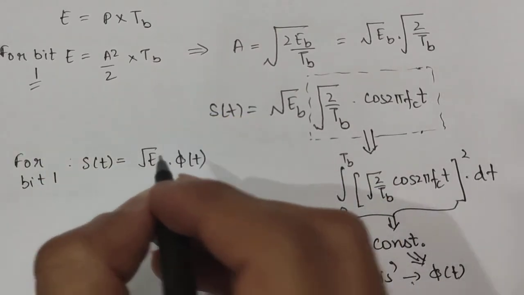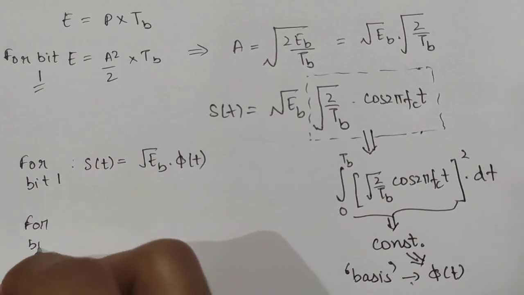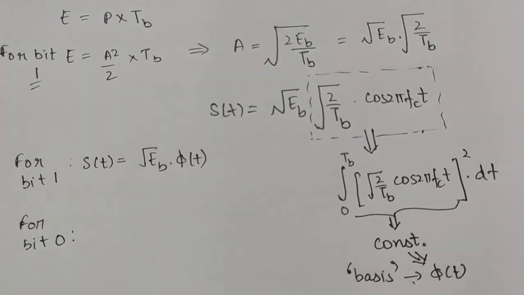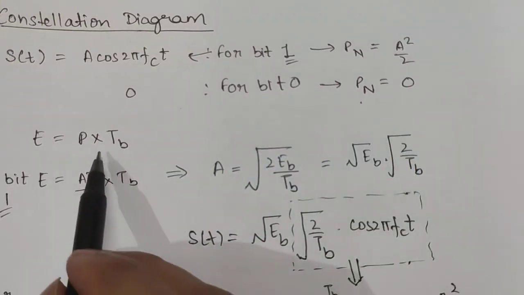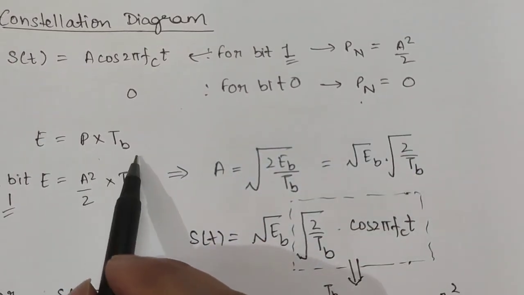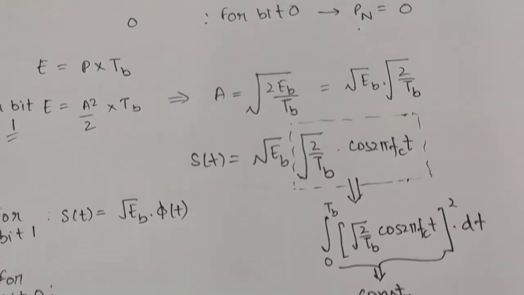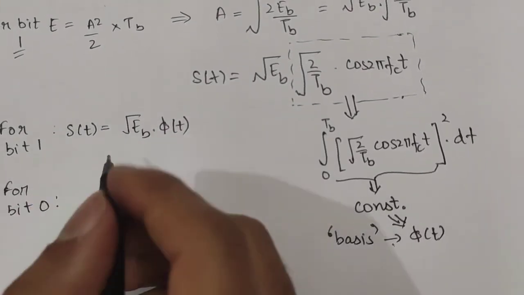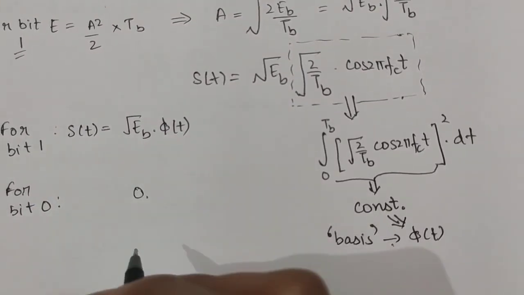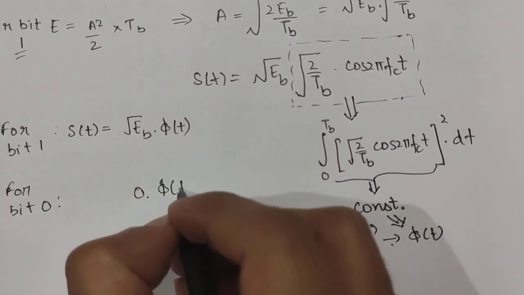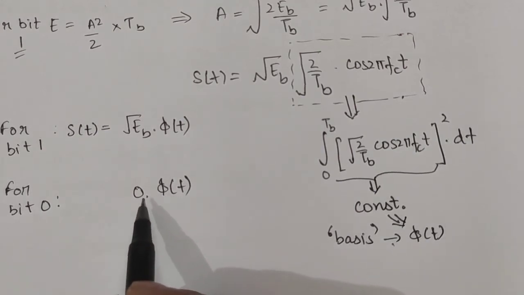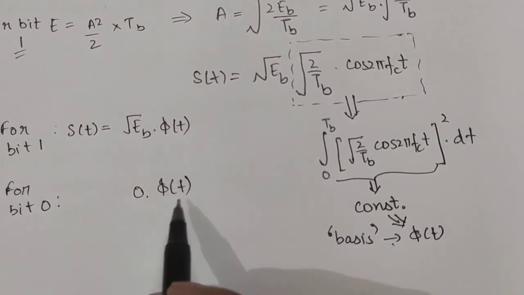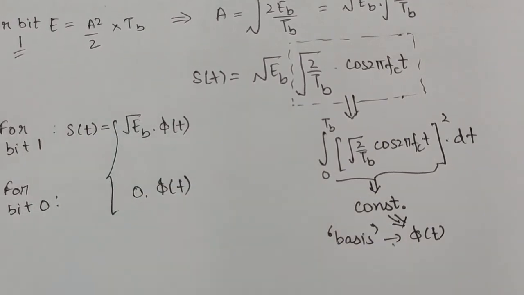And for bit 0, we were not having any level, its power was 0, so anything with 0 is 0, hence for bit 0 it is 0 times phi of t. As we are representing each signal uniquely, hence I am multiplying with this basis function.